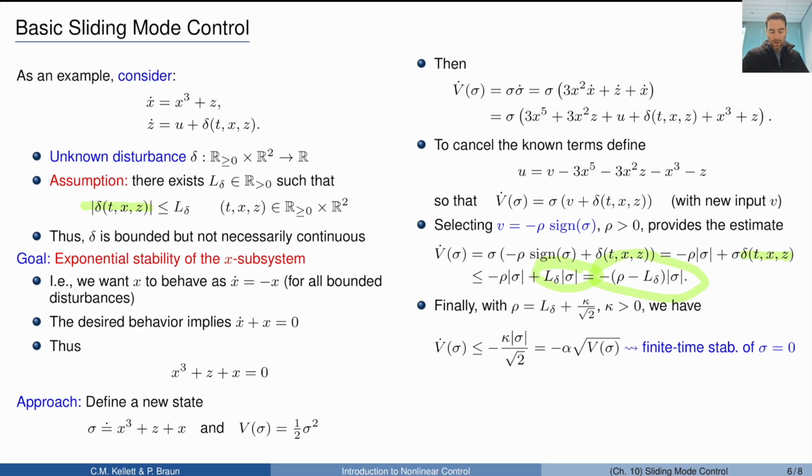Now, let's remember what we still haven't defined yet. So we said that the rho is a constant bigger than 0.